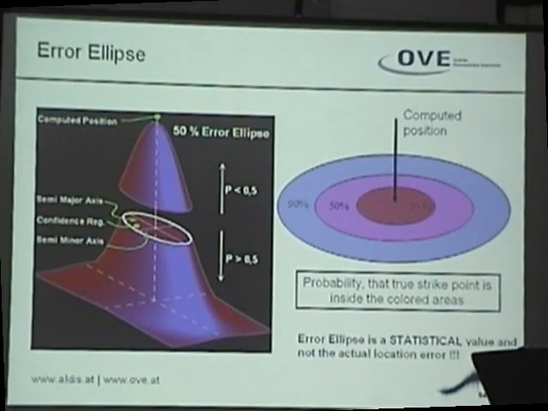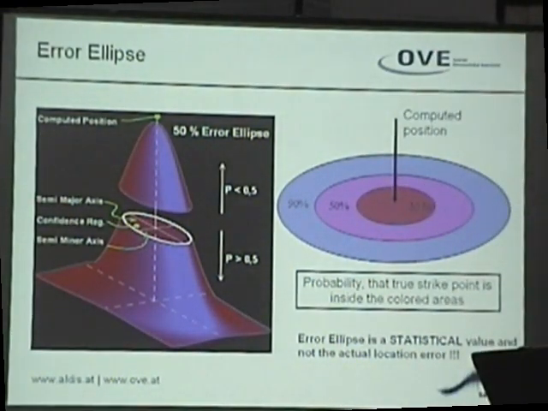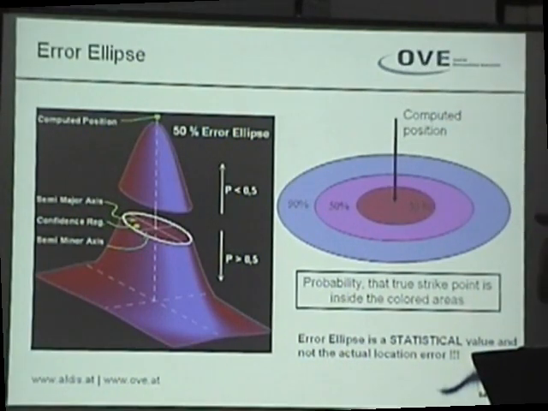In the location algorithm, the size of the error ellipse, if you use only angle, depends on the angle standard deviation and the relation of the stroke to the sensor position. Because we are also using time, we need also a time standard deviation for each sensor. And right now what we are doing is moving a part of the systematical error into the random error.